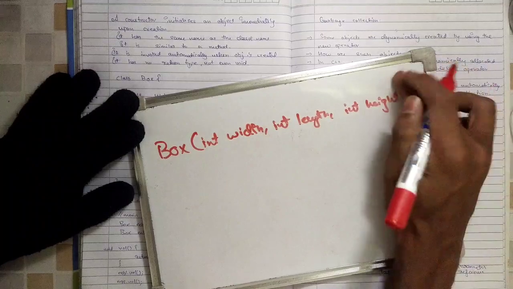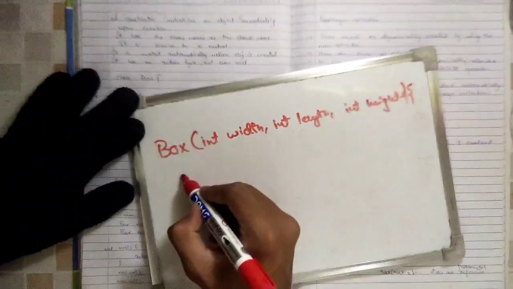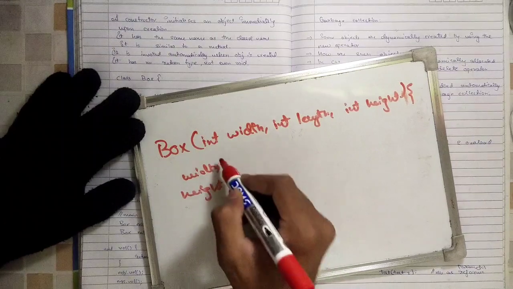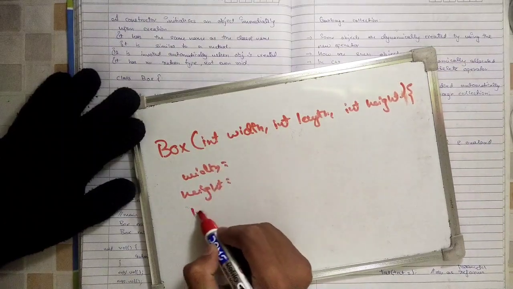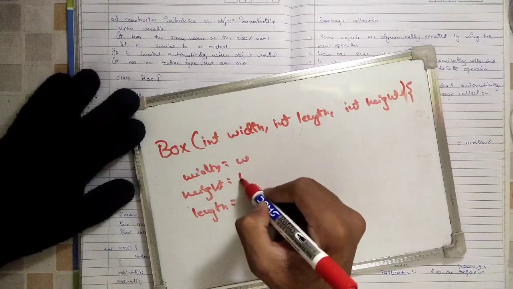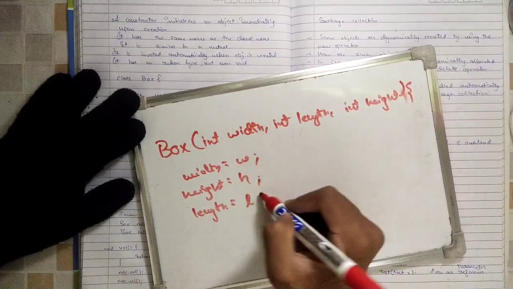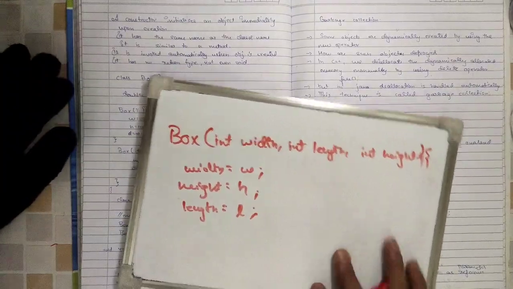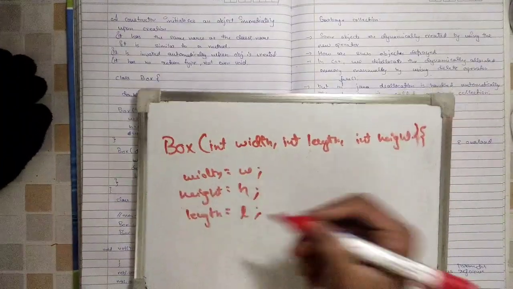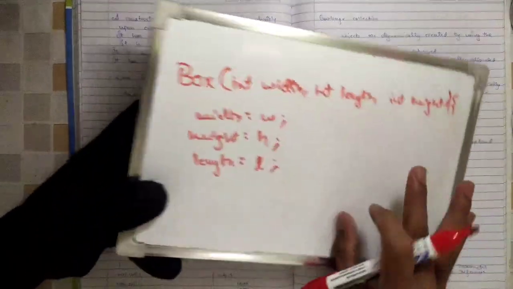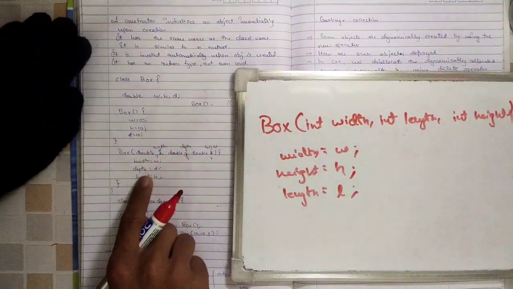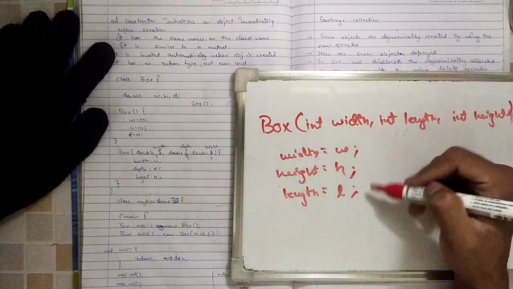Then I write this.width, this.height, and then this.length equals w, this equals h, this equals, like this I am giving. Anyhow this is fine. You can also give values directly here if you want. In the first one I directly passed values. Here I just declared them as some other variables.